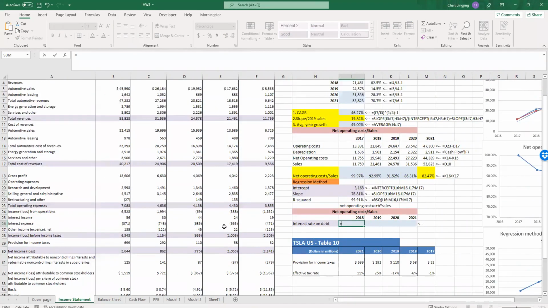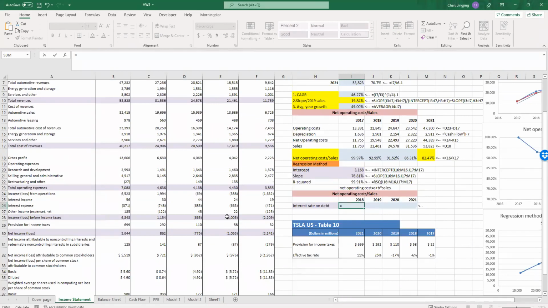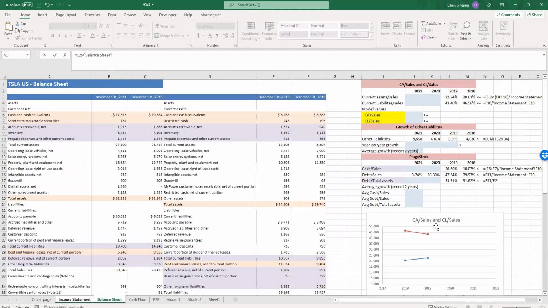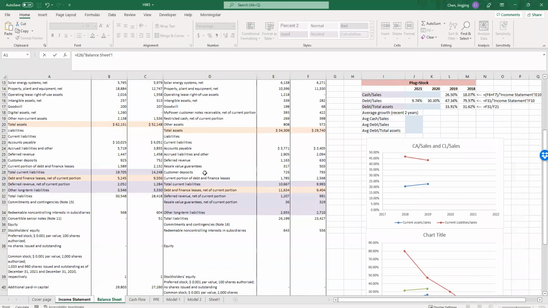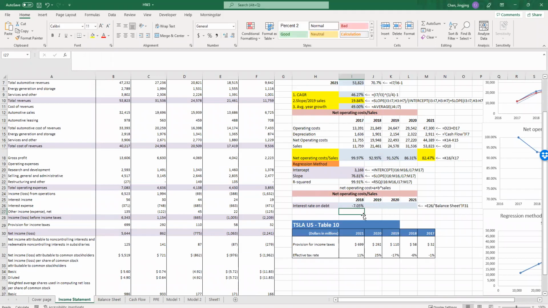So here for 2018, divided by the amount of debt, which is in the balance sheet. So find 2018 here, enter. It's negative since the number in the income statement here is negative, so I will just need to put a minus sign.